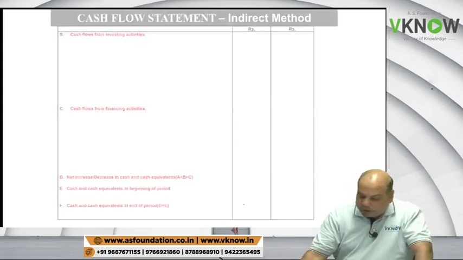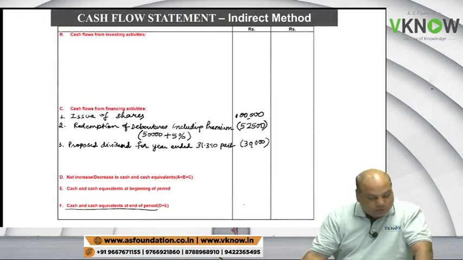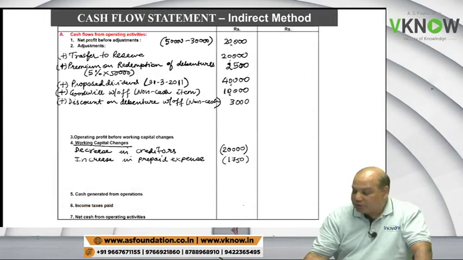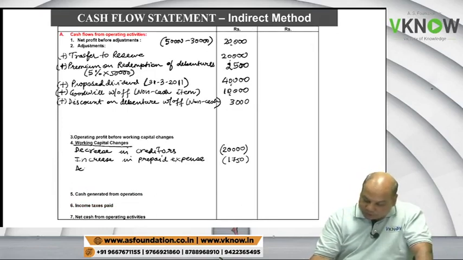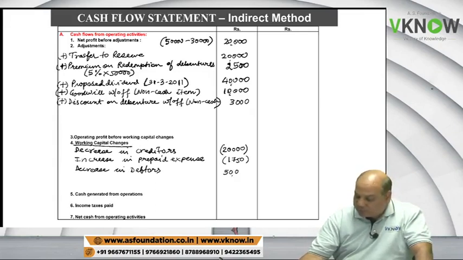Then sundry debtor is again current asset item. So come to operating activity point number 4. Decrease in sundry debtors. Decrease in debtor 50,000.